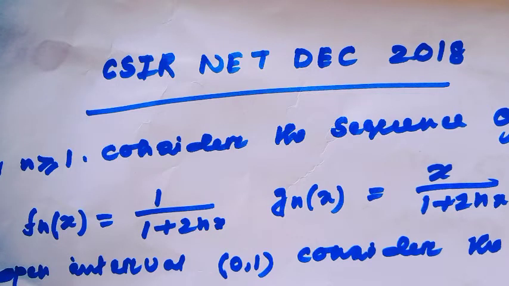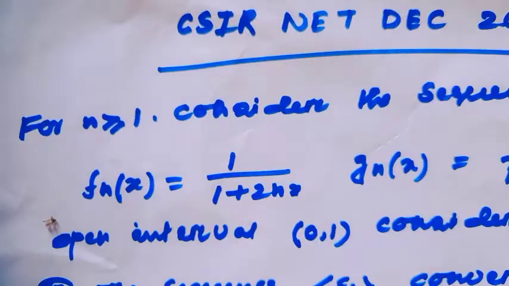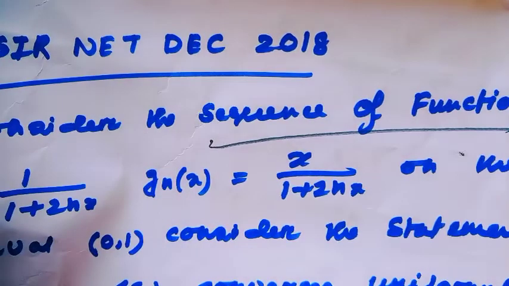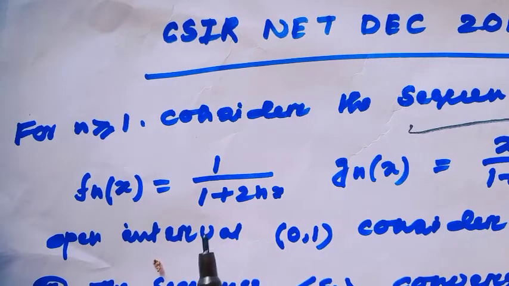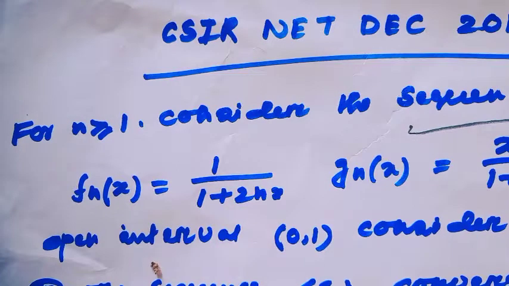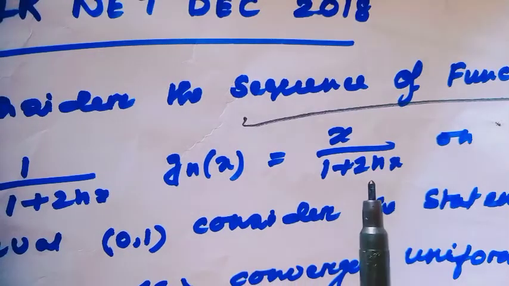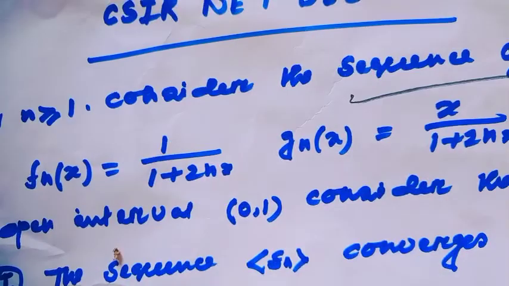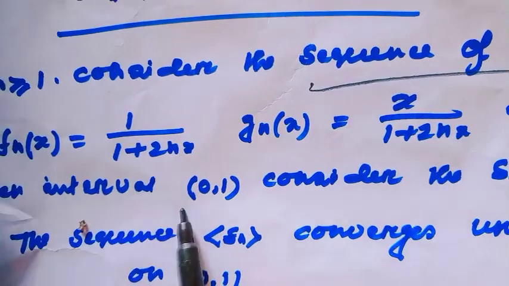The question is: for n greater than or equal to 1, consider the sequences of functions f_n(x) = 1 over 1 plus 2nx and g_n(x) = x over 1 plus 2nx, defined on the open interval (0, 1).